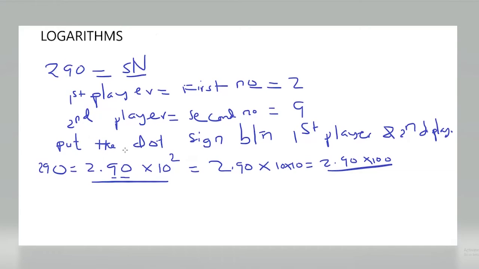These are the steps: first identify the first player, then the second player, then put the dot sign between them, then multiply by 10 power, then count the number of items from the dot sign. This is how we write numbers in standard notation.